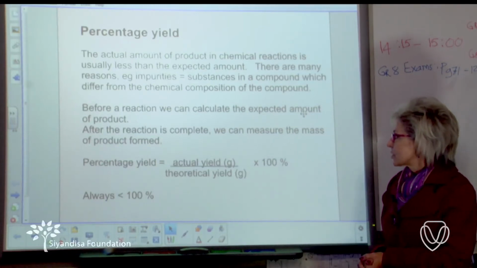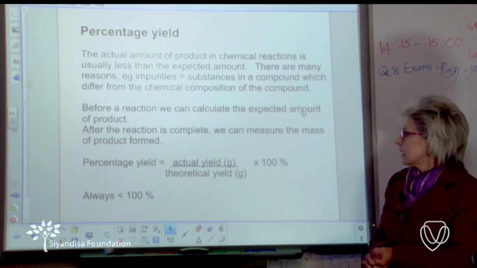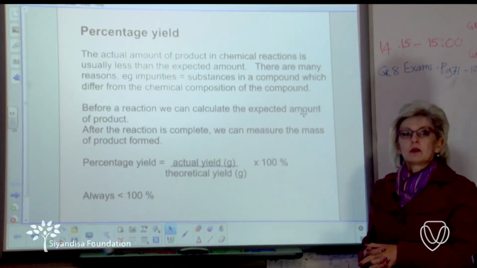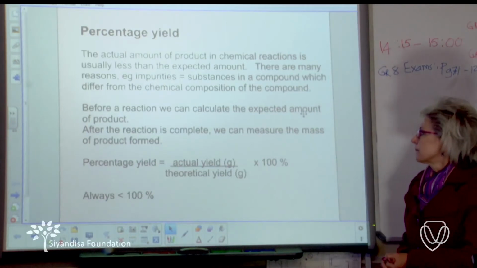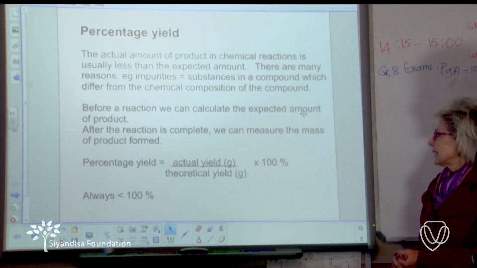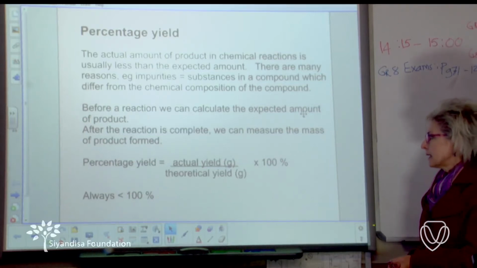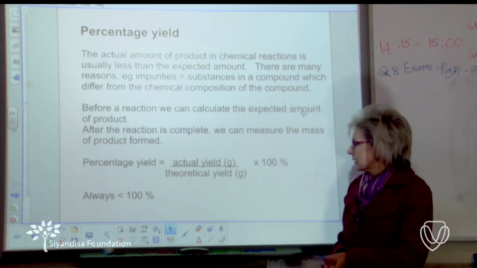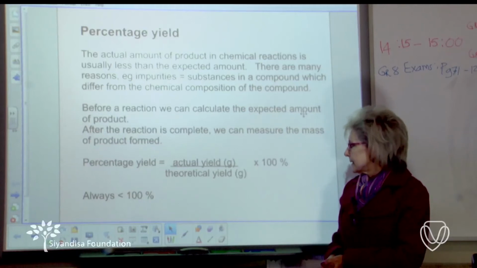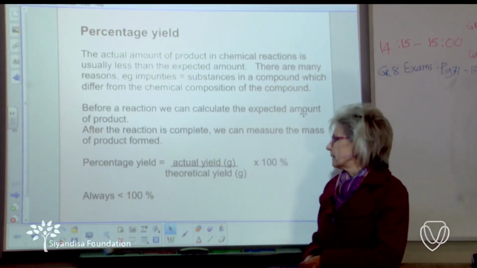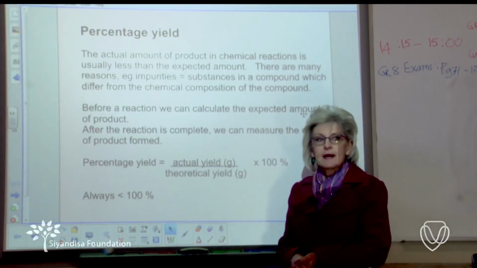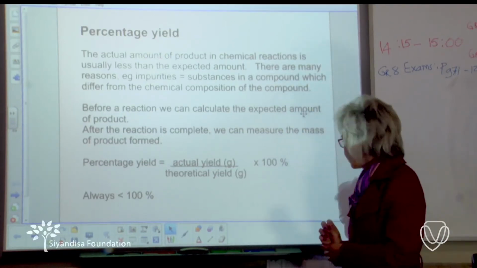So before a reaction, we can calculate the expected amount of product because you know what the full balanced equation should yield. After the reaction is complete, we can then measure the mass of product really being formed. And to get the percentage yield, it's the actual yield divided by the theoretical yield times by 100 to get a percentage value for it. And your percentage yield is always less than 100 if you've got impurities.